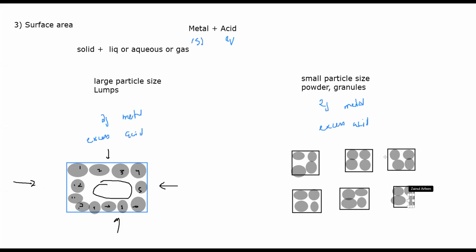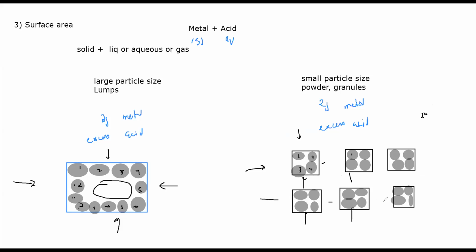So when you crush this into smaller pieces, now what happens? How many particles are exposed here? 1, 2, 3, 4. So each of the small particles has 4 particles exposed. In total almost 24 particles are exposed to the acid, because any of them can react with acid.